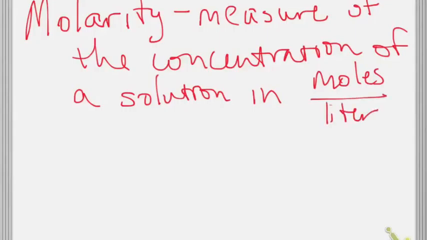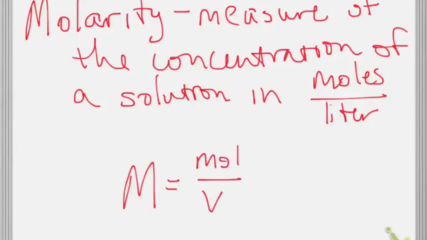So it's how many moles we have and how many liters of solution. So our formula for that is simply capital M, molarity, equals moles over volume in liters. It is actually a thing that must be in liters. We'll look at some problems where we have to convert.